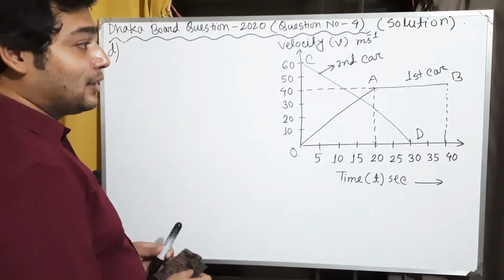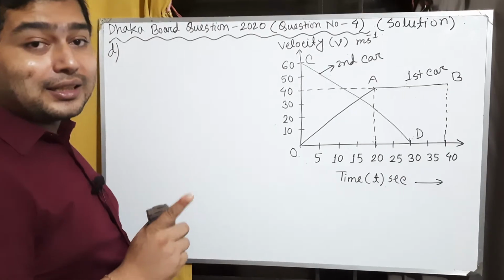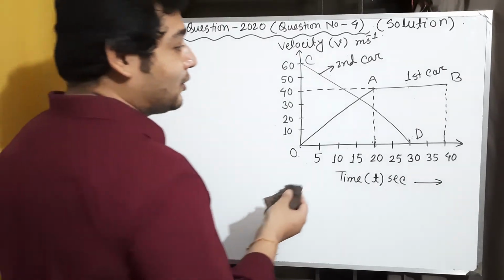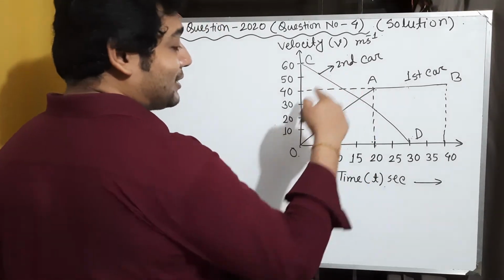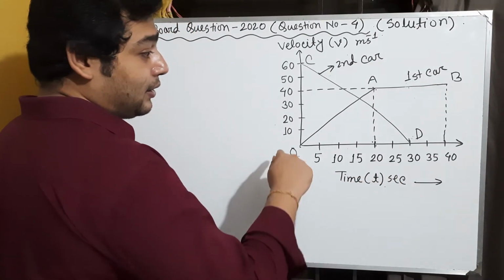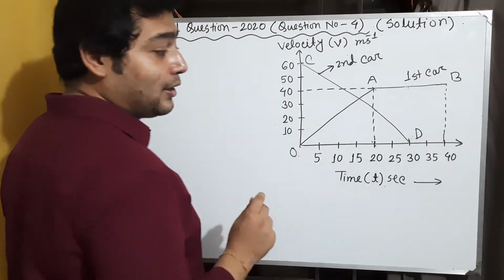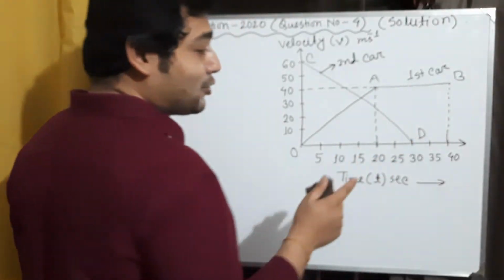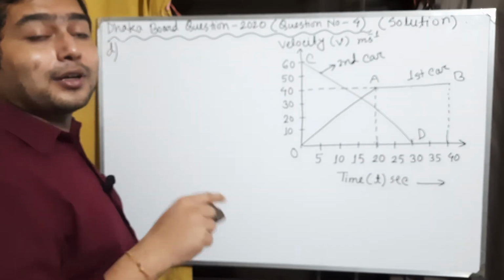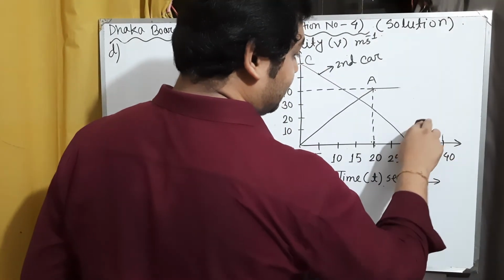For the second car the time is mentioned as 30 seconds, but in the figure you see that the first car is traveled for 40 seconds. Now we need to convert it to 30 seconds.